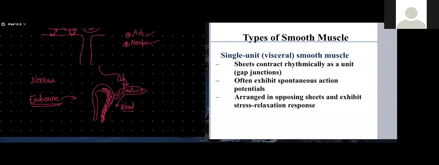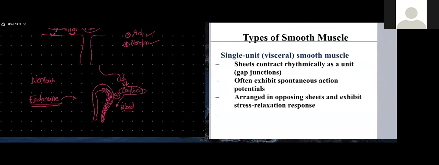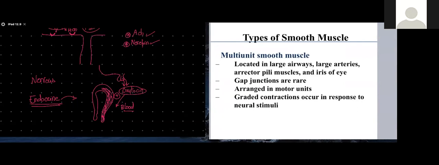We classify the smooth muscles into two different types. We've got single unit smooth muscles and multi-unit smooth muscle. What is the difference?